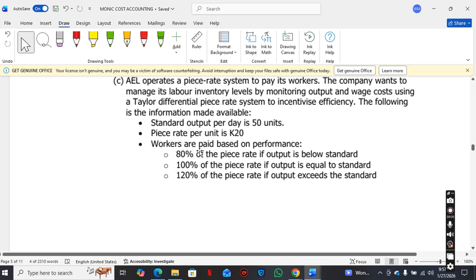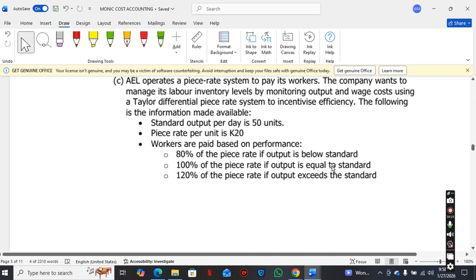Okay? So 80% of the piece rate if output is below standard. So if you produce less than the standard, you're only going to get 80% of this 20 kwacha per unit. 100% of the piece rate if output is equal to standard.